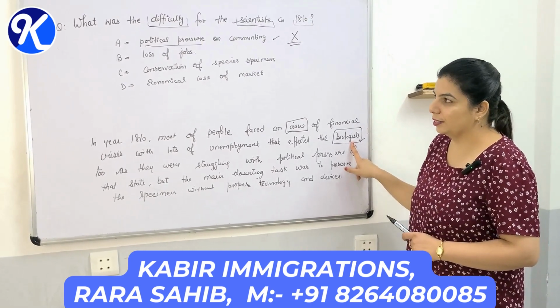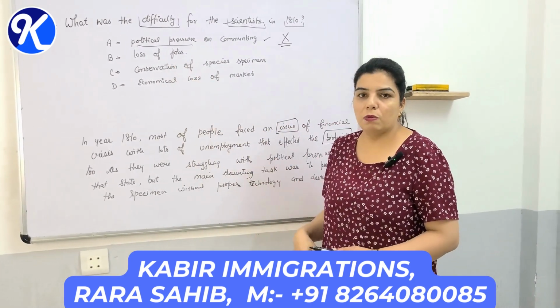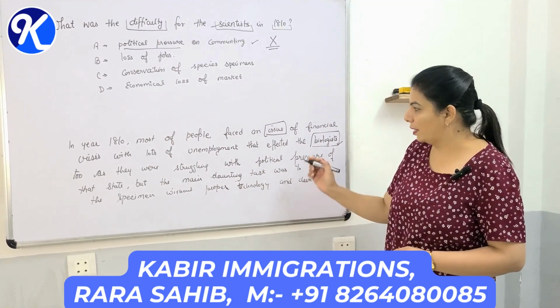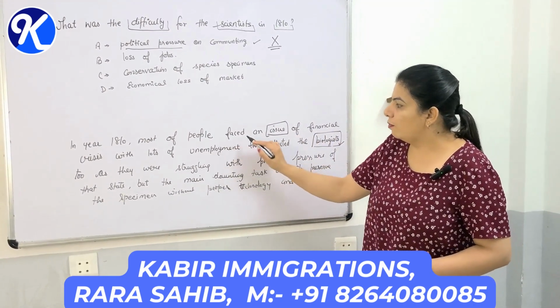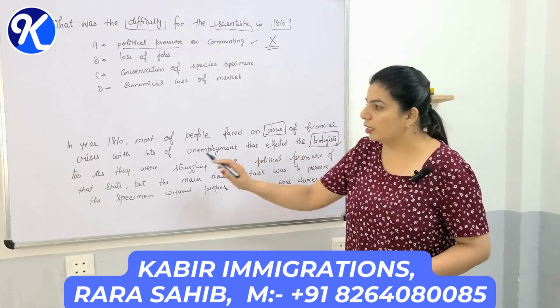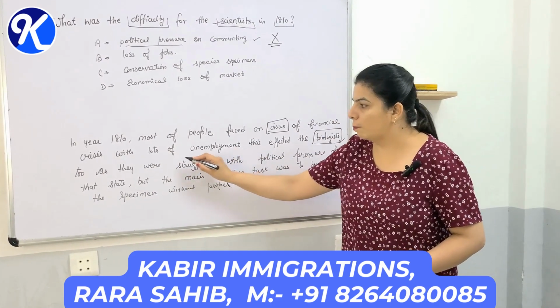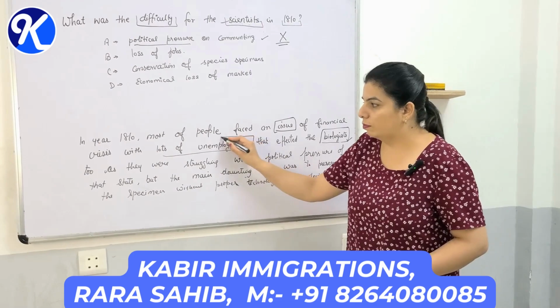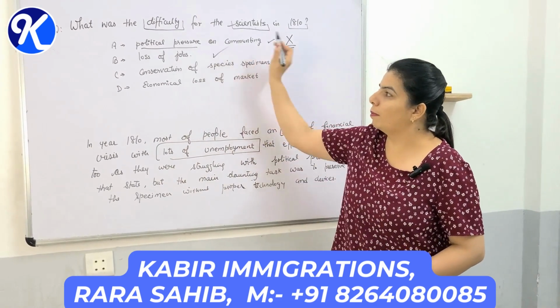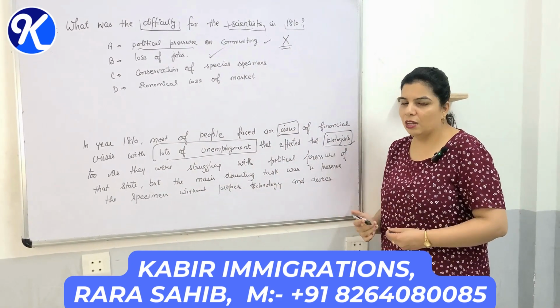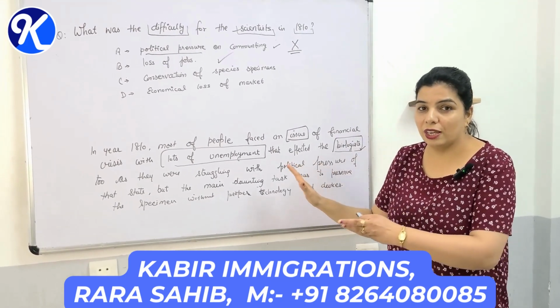A big difference. Then loss of job, that is synonym of unemployment. People faced an issue of financial crisis with lots of unemployment. So many of you will just go and apply this. Yes, unemployment is there. That is the correct option. But look here.